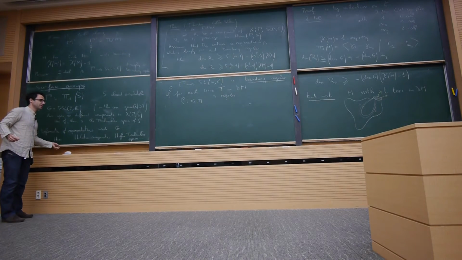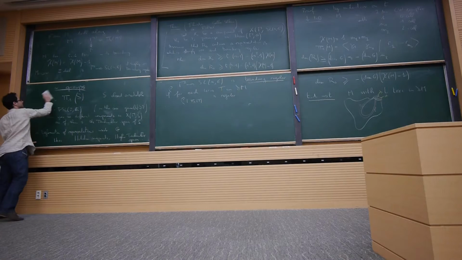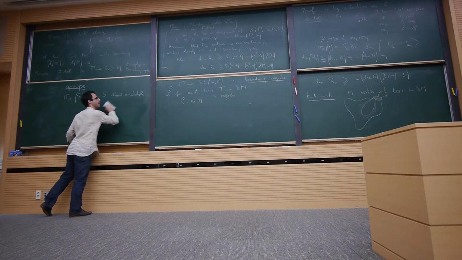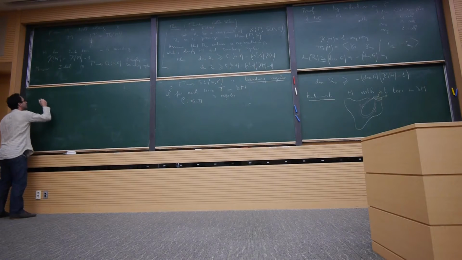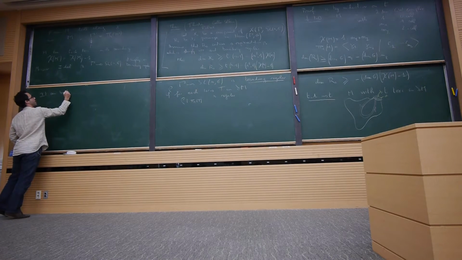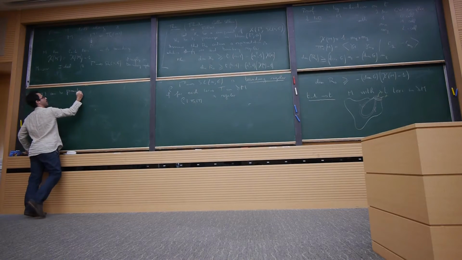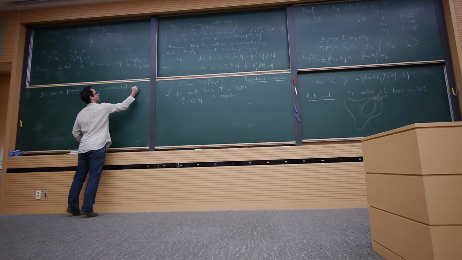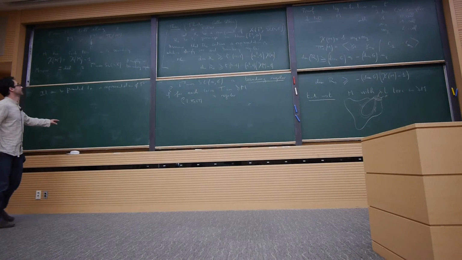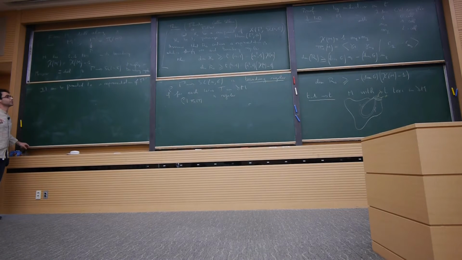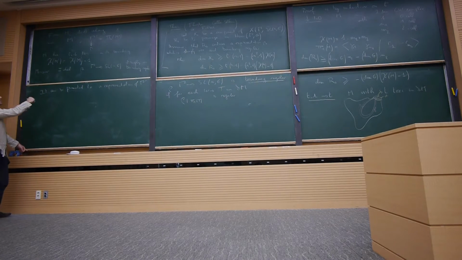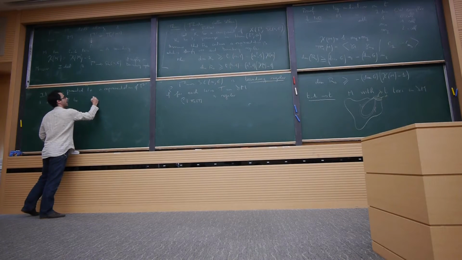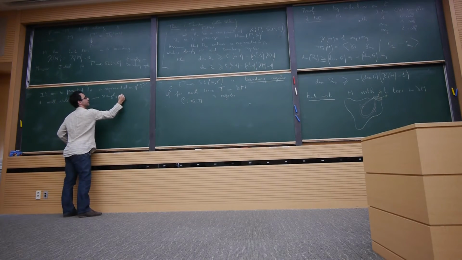And now this representation can be promoted to a representation of gamma prime, from gamma prime to gamma, and the thing to note is that this representation will still be strongly irreducible.